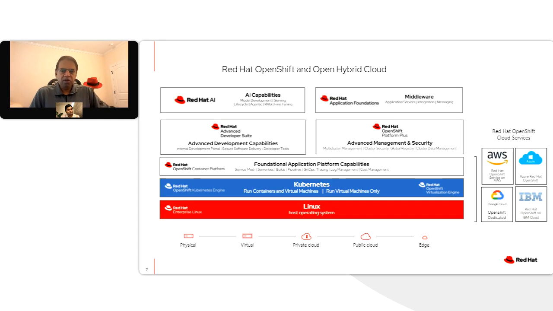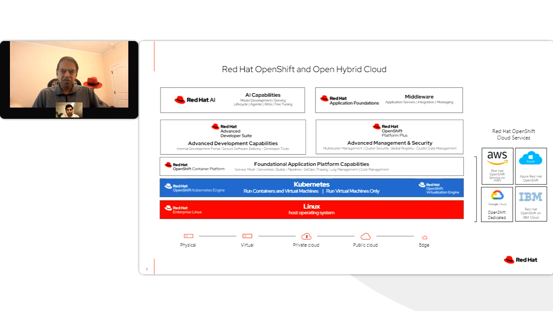So the first thing we're going to look at is a little bit more double clicking into what Red Hat OpenShift actually is. So you see the secure Linux operating system that has been around for decades now, where Red Hat has built their reputation on a secure, stable platform on which Red Hat OpenShift is built. You see the layering on top of that, which offers the basic Kubernetes platform operations.